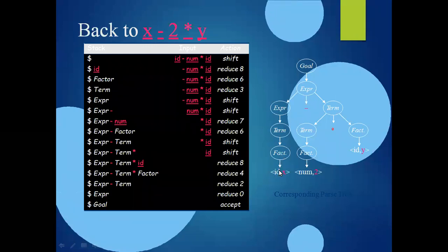Here the id is represented with x, and factor is directly having the rule num with 2, and into the factor, which is directly having the rule id, and id with the variable y. Right, this is the corresponding parse tree for this parsed input string by using the stack.